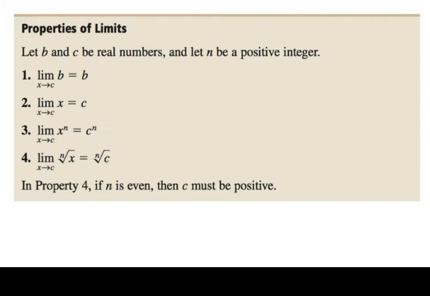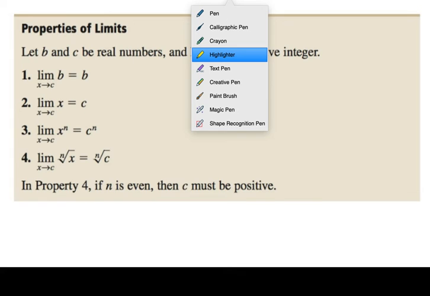Here are some properties of limits. The limit as x approaches c of a constant b is equal to that constant b. The limit as x approaches c of x, which is a linear function, is equal to c.